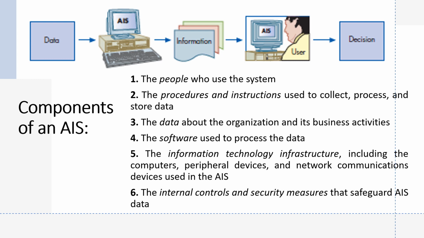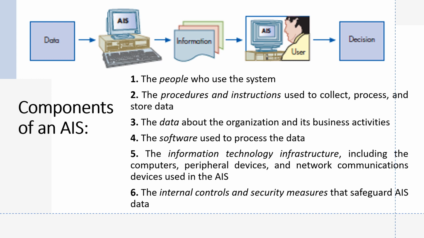There are 6 components of the AIS. As we discussed earlier, an AIS must collect, enter, process, store, and report data and information.